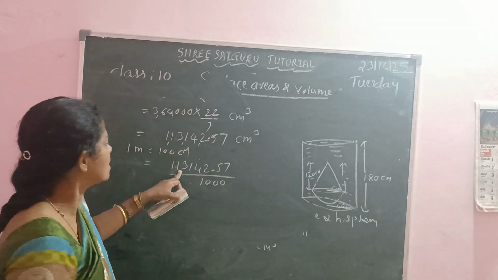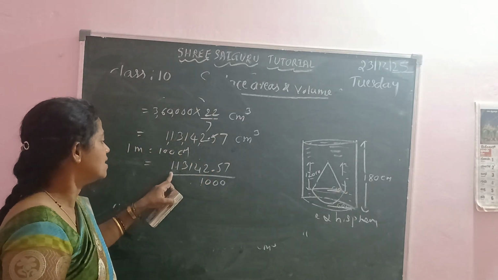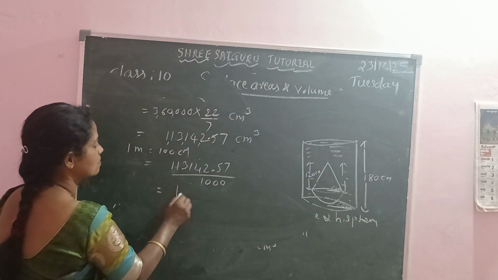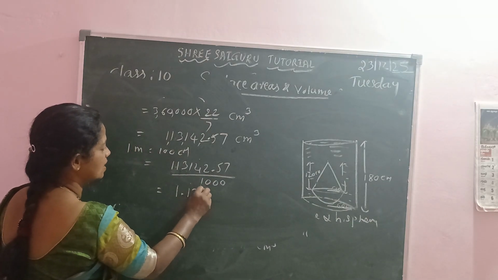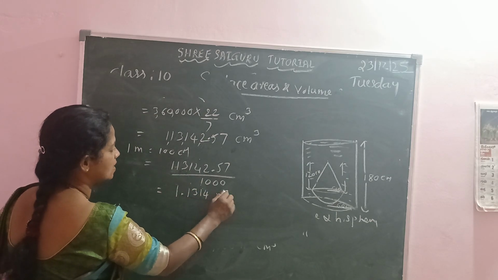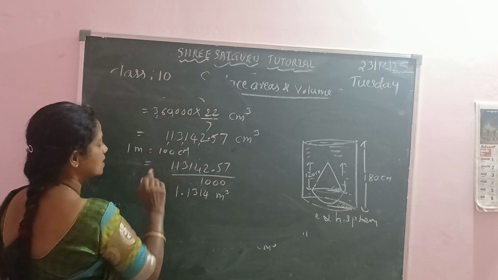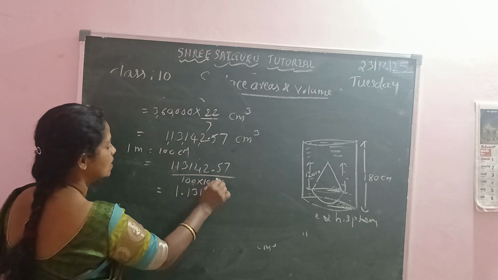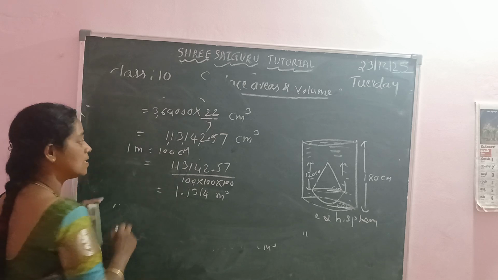There is a shifting of the 3 places towards left side. So final answer will be 1.1314 meter cube. So here one small mistake, we have to divide it by 100 into 100 because 1 meter is 100 centimeter.